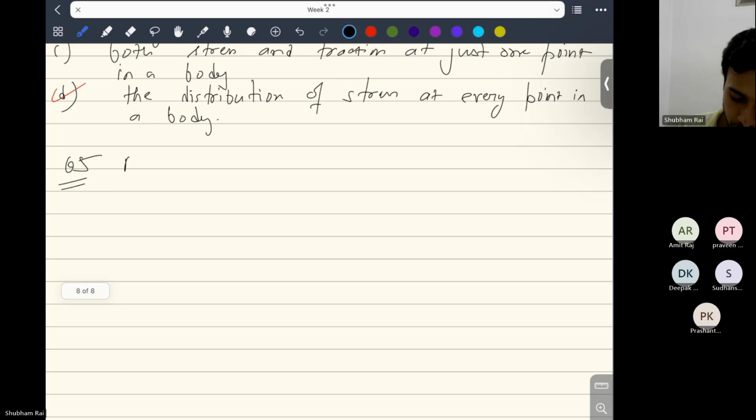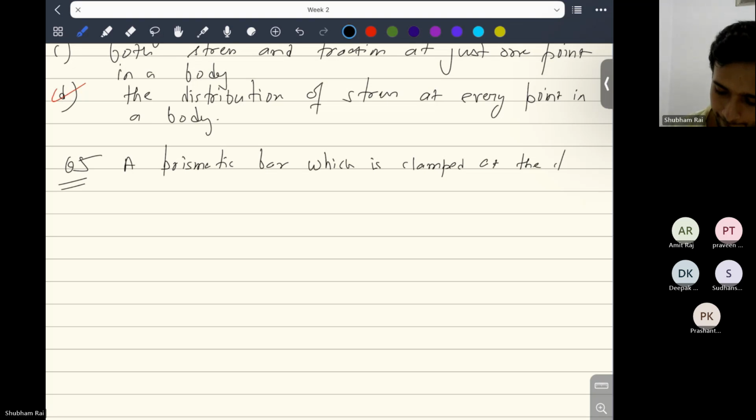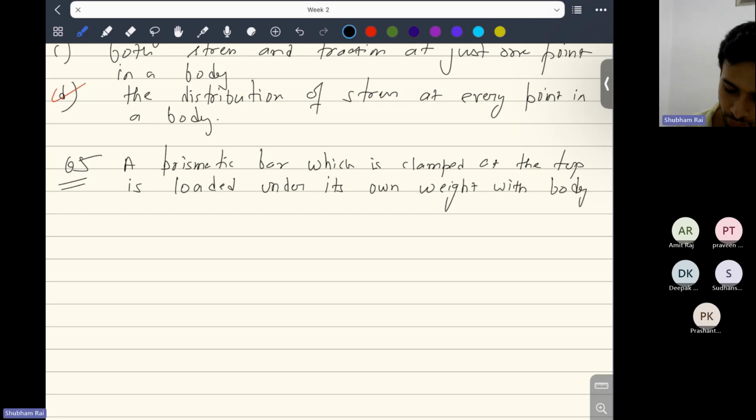Anyway, so question 5 is a prismatic bar which is clamped at the top and loaded under its own weight with body force.